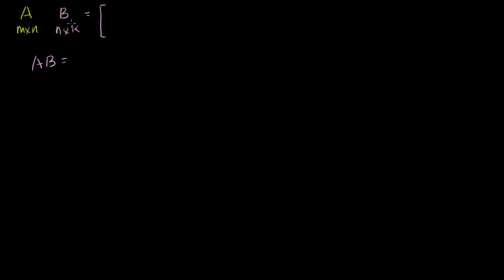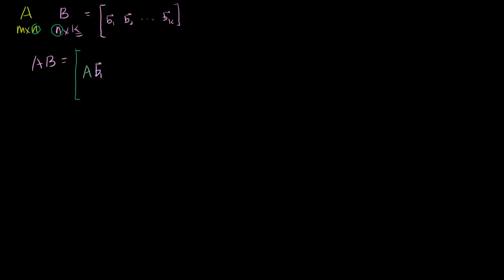So we know that B can be written as a column vector B1, another column vector B2, and all the way it's going to have k of them because it has exactly k columns. So Bk. So in the last video, we defined the product of A and B, and the columns of A have to be the same as the rows of B in order for this to be well defined. But we define this product to be equal to A times each of the column vectors of B. So it's equal to A times B1.